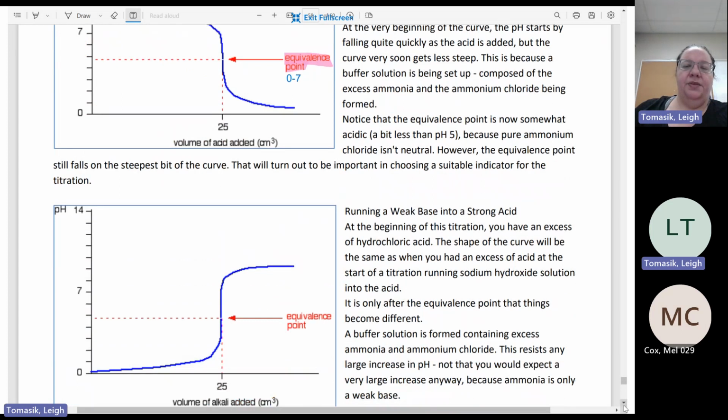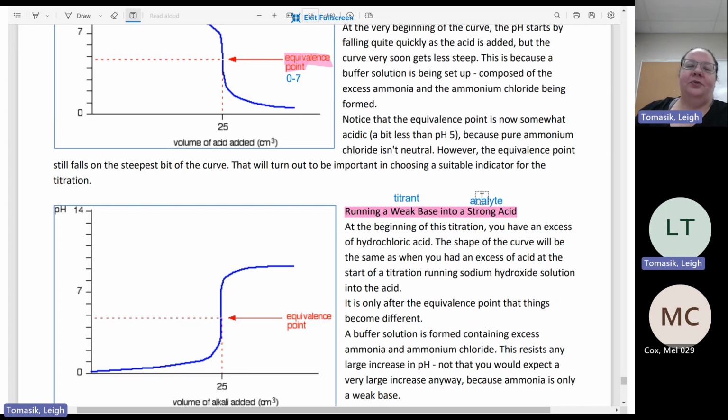If you do the opposite, so here it shows running a weak base into a strong acid. So the acid here is our analyte, and the weak base is our titrant. So you always start off with the analyte, okay? The analyte is the strong acid. So the thing that is running is always the titrant, right?